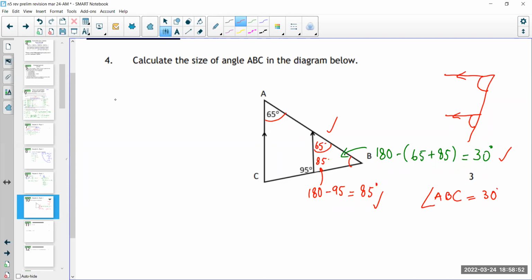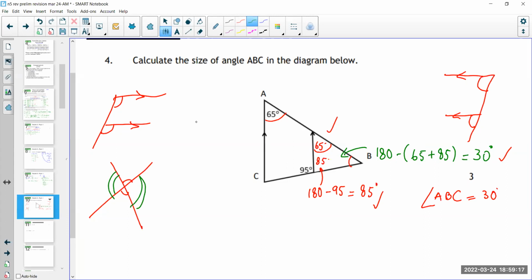So F shapes, no matter how you see Fs, this angle is the same as this angle. X shape, this angle is the same as this angle. And then this angle here is the same as this angle. Okay, opposite angle, corresponding angles.